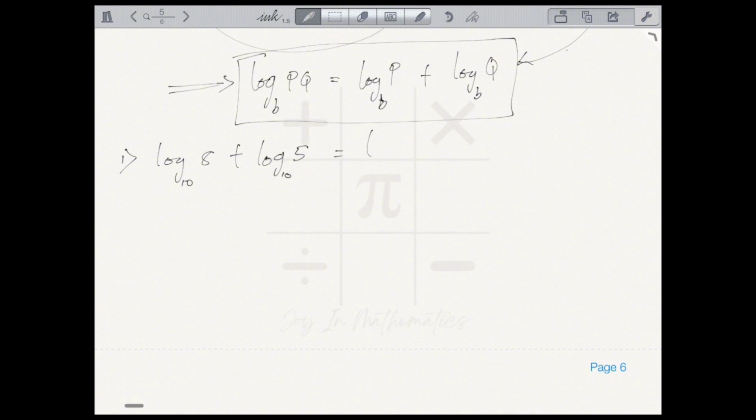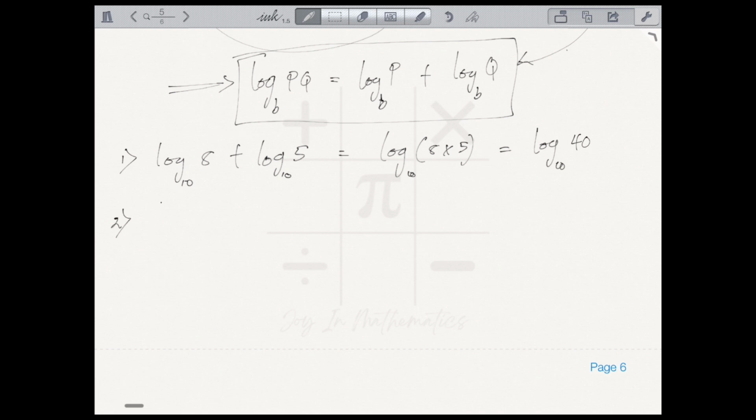We are going backwards now, so these two will get multiplied. This will result in log to base 10 of 8 multiplied by 5, which gives us log 40 to base 10.